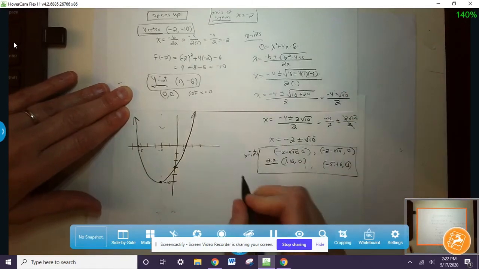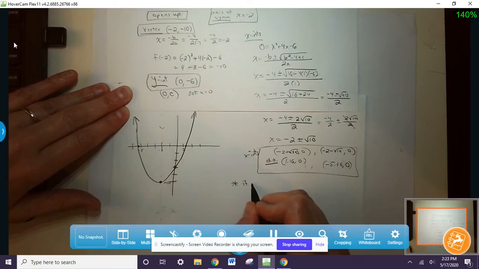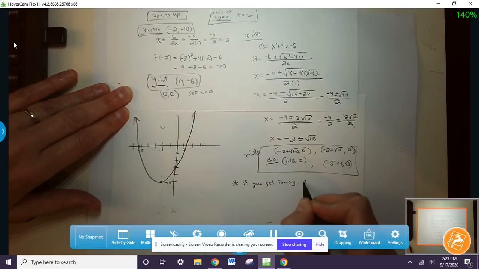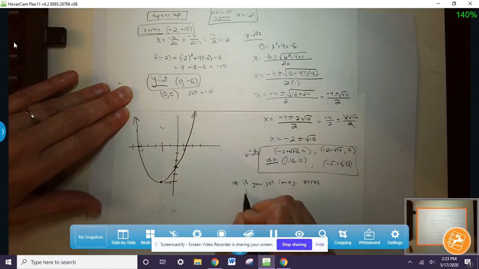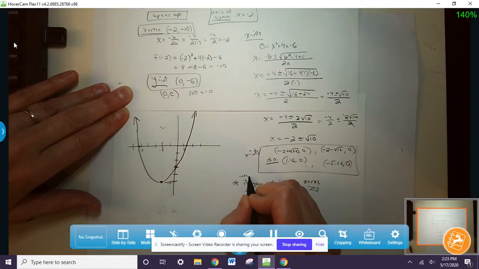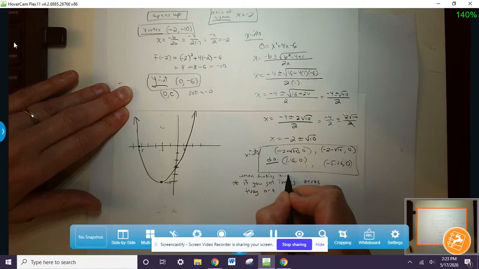One more thing to note here. If you get imaginary zeros, they are not x-intercepts. So when you're finding those x-intercepts, if you get imaginary zeros, they are not x-intercepts.